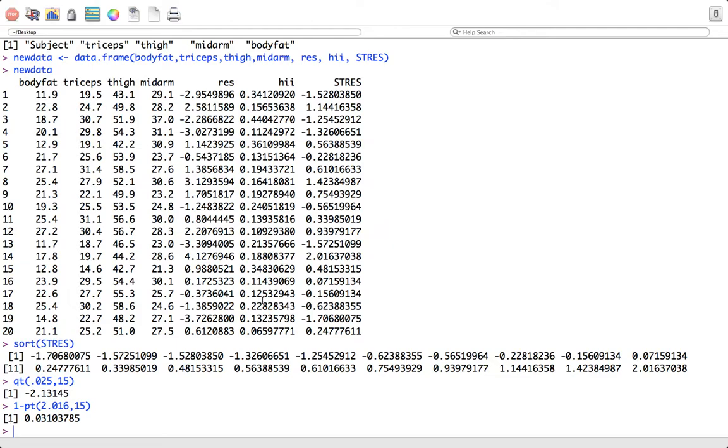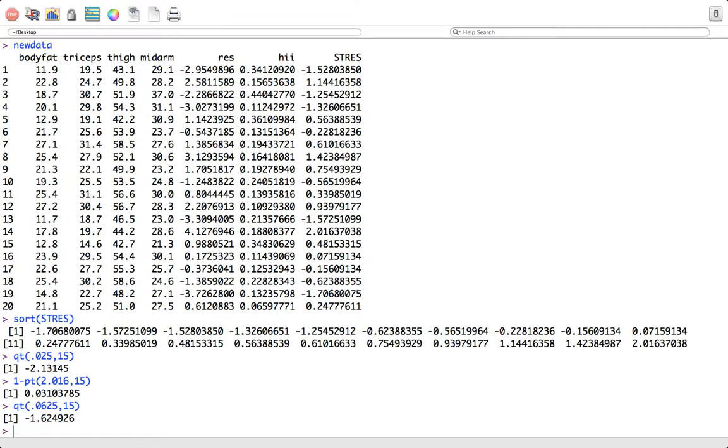So what I need to do here, I want QT, and I want 0.0625 in the left tail with degrees of freedom 15. So I have negative 1.625 and positive 1.625.